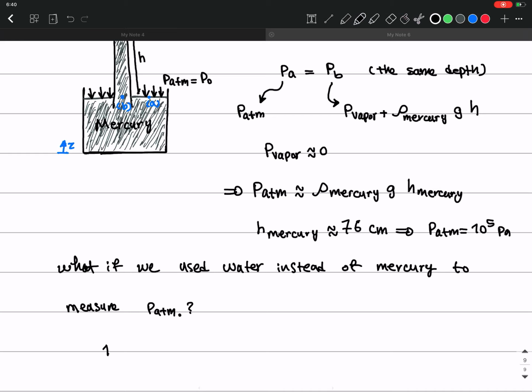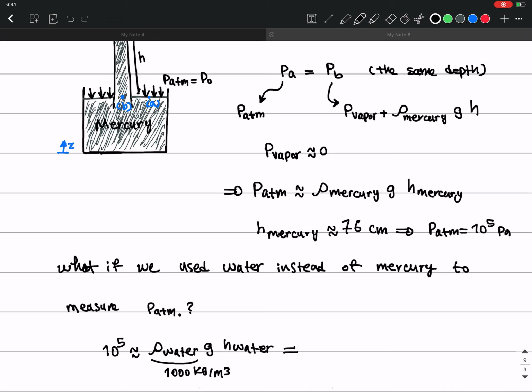So I'm going to write 10 to the 5 is going to be around rho water g h water. Instead of rho water, I'm just going to write down the density, which is 1000 kilogram per meter cube.